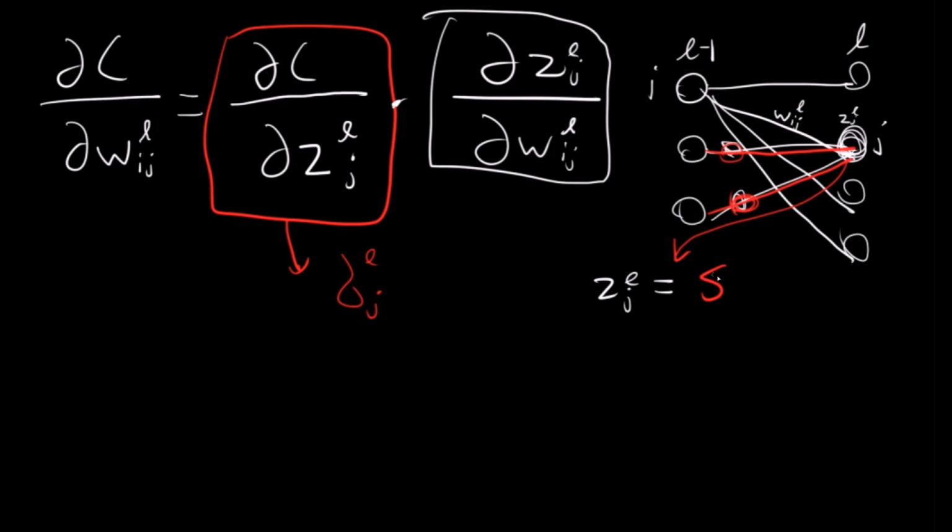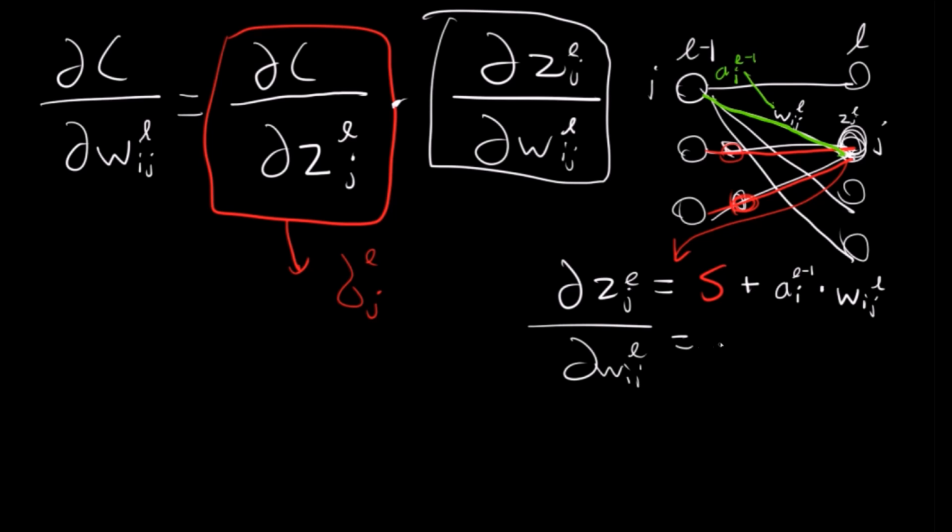So z^L_j is dependent on S plus a^(L-1)_i times W^L_ij, because this weight going from I to J times the activation at I, multiplying these two gives you part of z^L_j, plus the other parts of it, which is S. So taking the partial of this with respect to W_ij is easy.